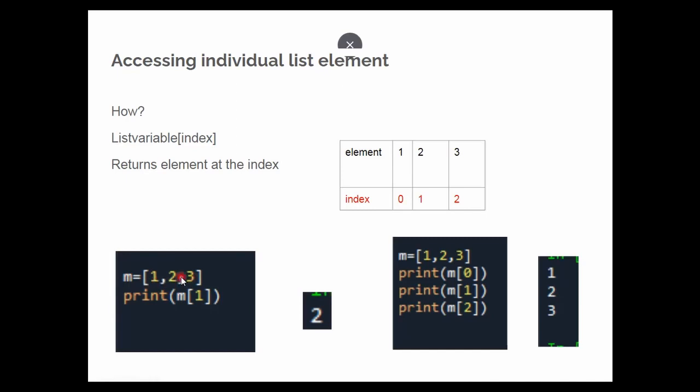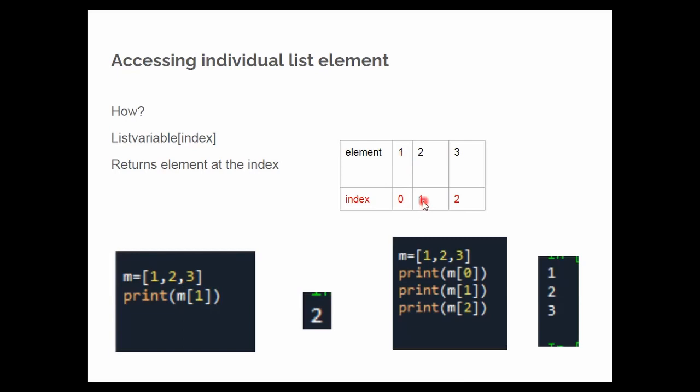How are they stored internally? They are stored internally by having index numbers. Here we are going to have 3 different cells. The cells are numbered cell 0, cell 1 and cell 2. At cell number 0, the element 1 will be stored.